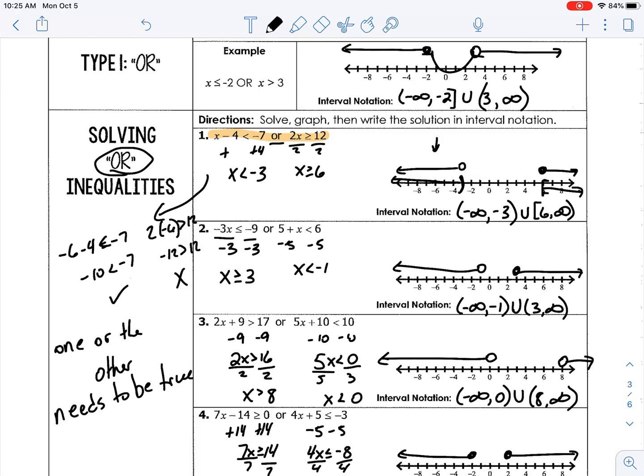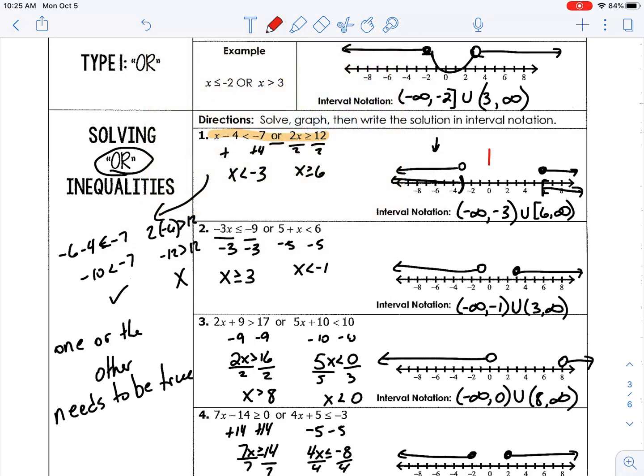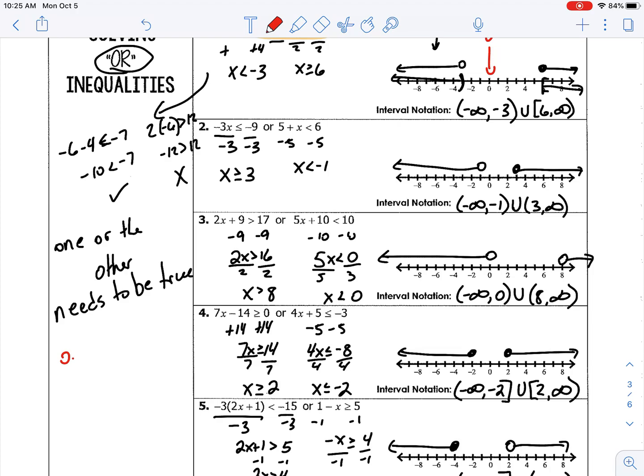If you took a number that was in the middle, so we'll change color, we'll do red because that's bad. Here's 0 in the middle. Okay, if we tested that out, 0 minus 4 is less than negative 7. Negative 4 is less than negative 7.